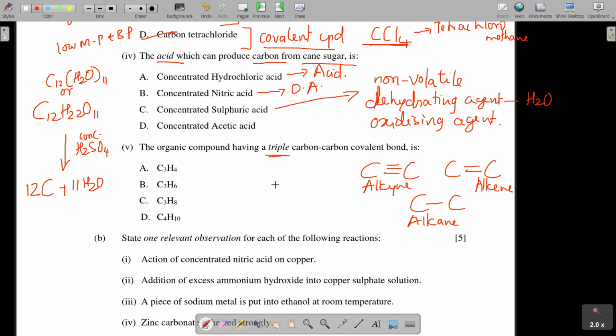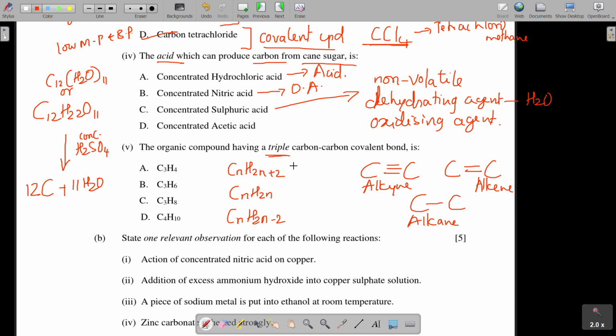The general formula of alkane is CnH2n+2, alkene CnH2n, alkyne CnH2n-2. So you have to keep on reducing 2 hydrogens. Alkanes reduce 2 hydrogens, alkenes reduce 2 hydrogens, alkynes.